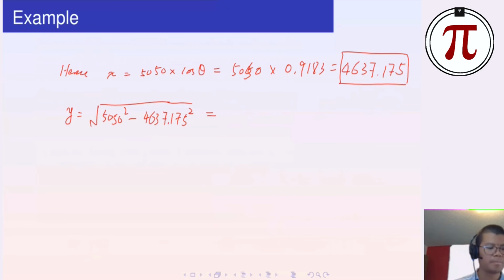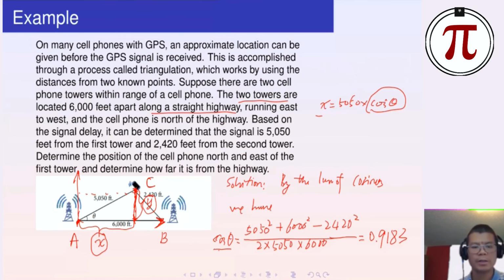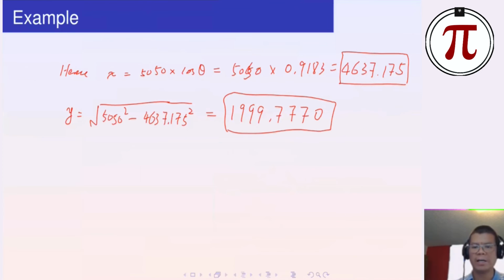What do you get? 1,999.7770. Yes, so that's going to be our y value.